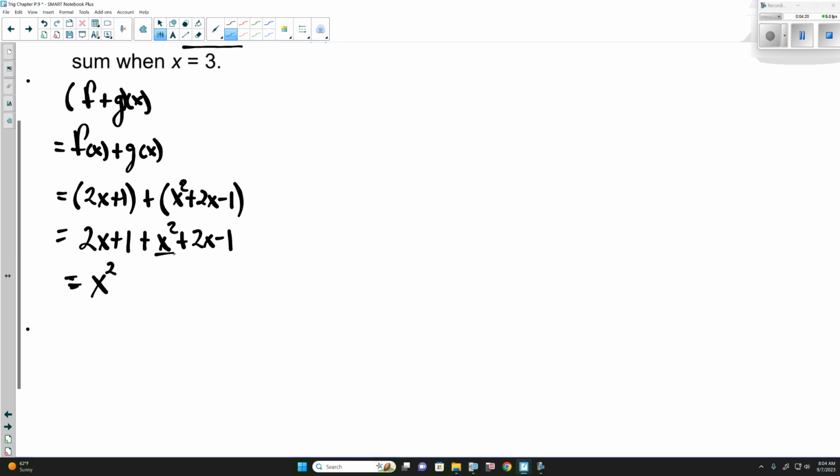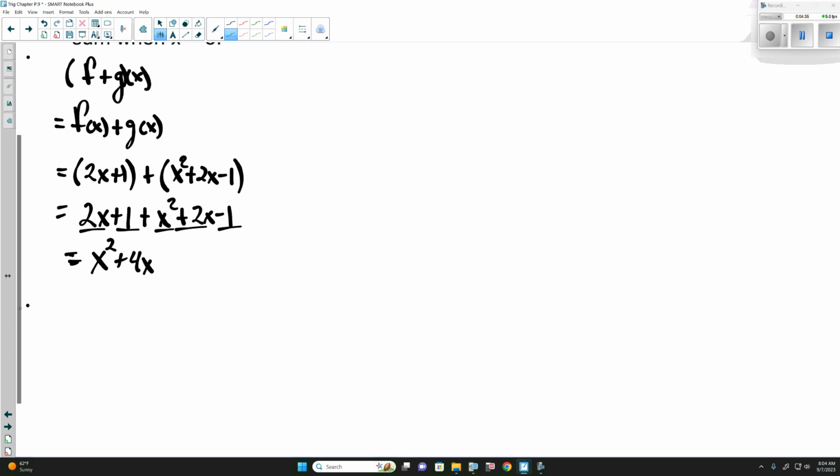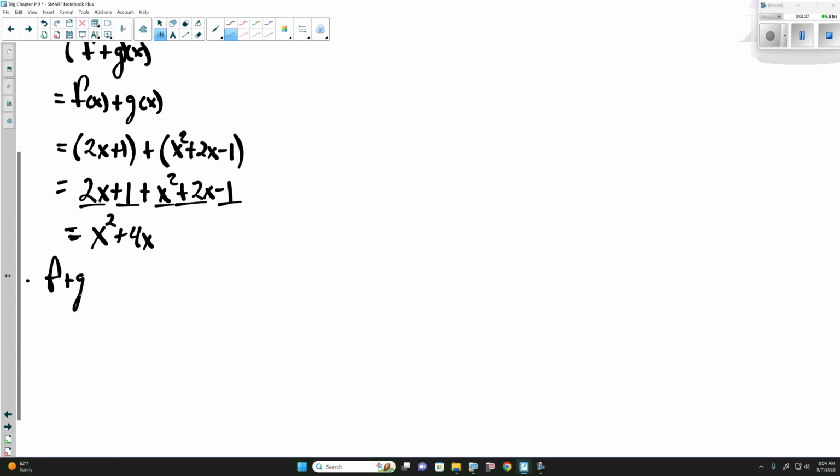Well, the x squared is the only x squared, so it just stays x squared. Now we do have 2x plus 2x is plus 4x. And lastly, negative 1 plus 1 is 0. So that tells us that f plus g of x is x squared plus 4x. Questions on how we found this here?